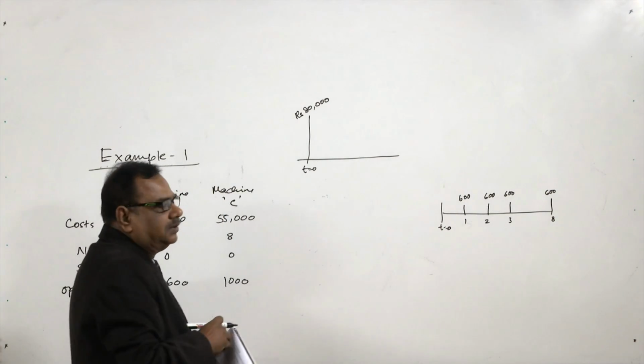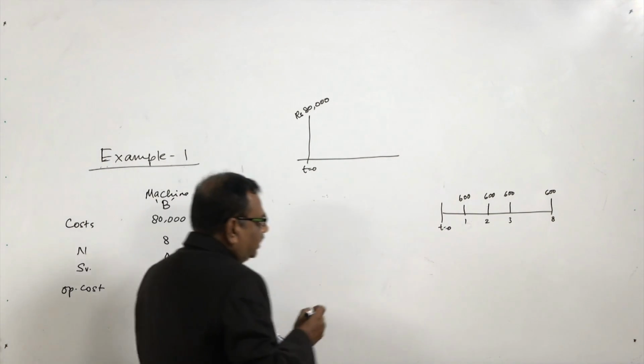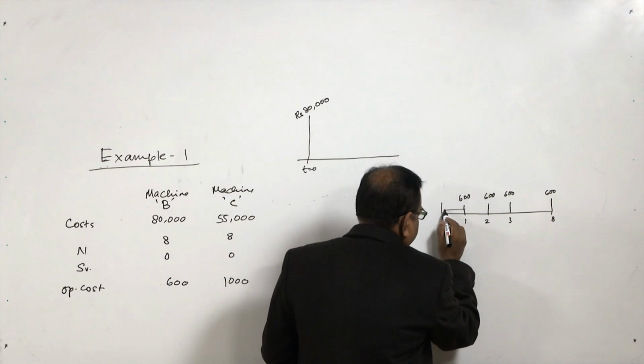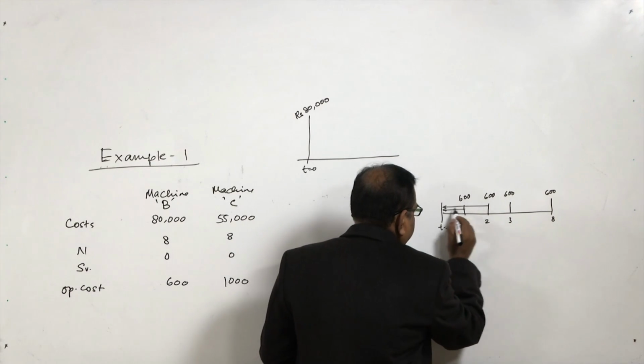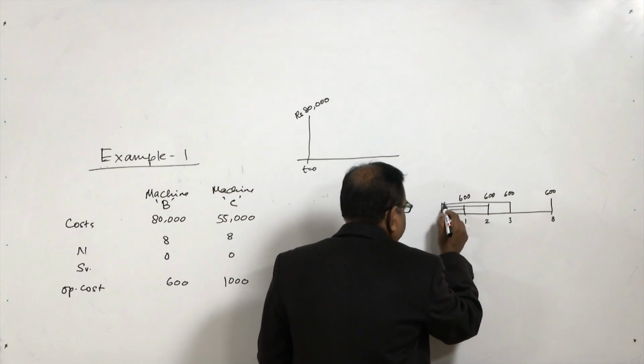Now, to find out the present value of the 600, this is an annuity, every 600 has to be brought to the 0 line.